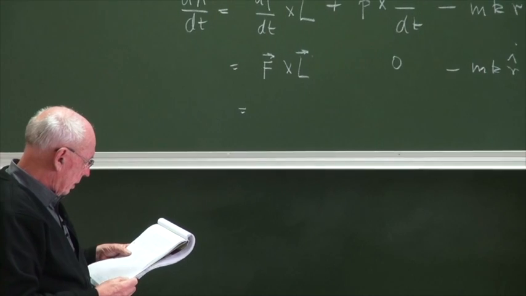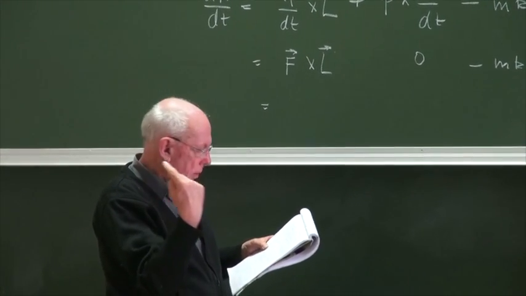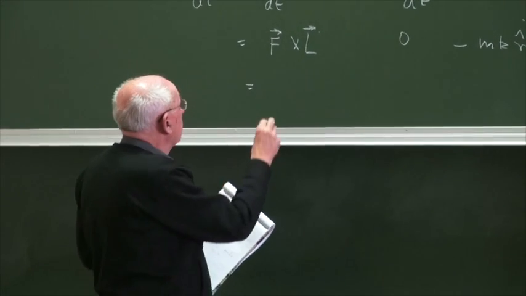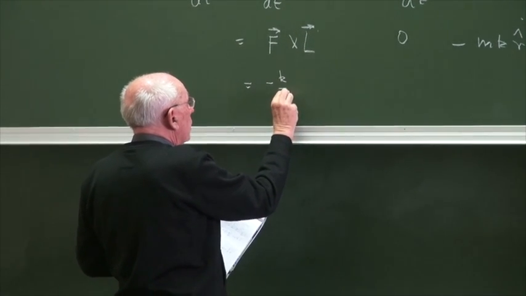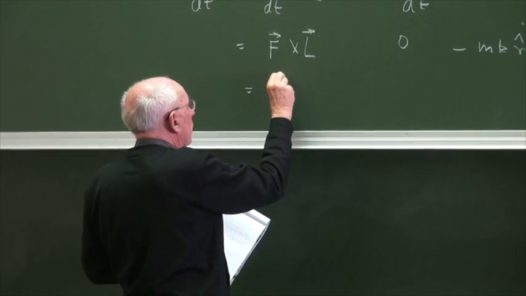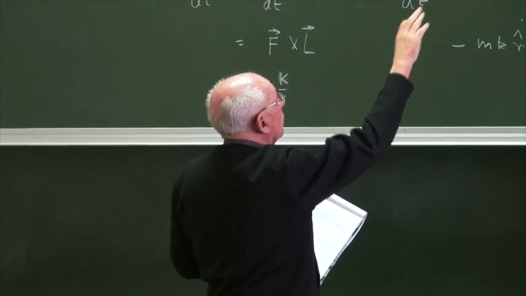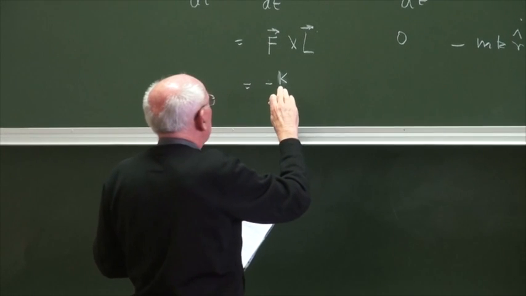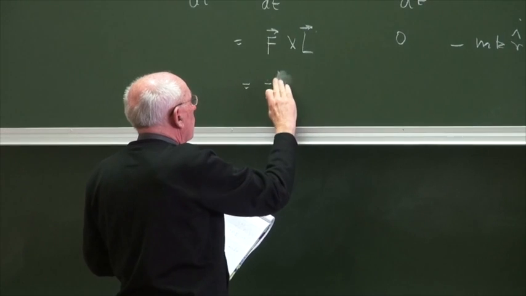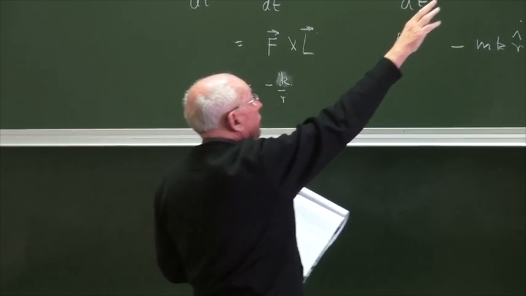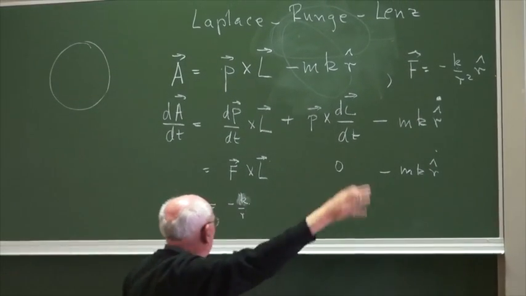And F cross L, L is outside, well, we just put in the size of F, minus k over r squared, or capital K. I put that in, this K is now a positive quantity, not like we had a negative.